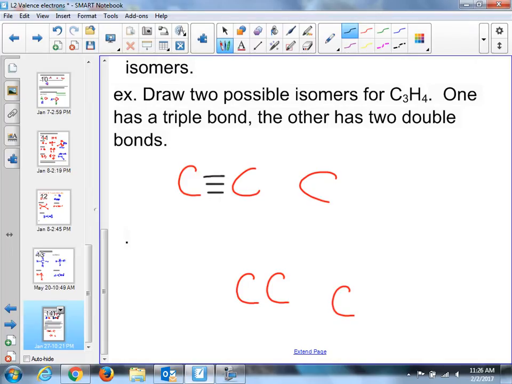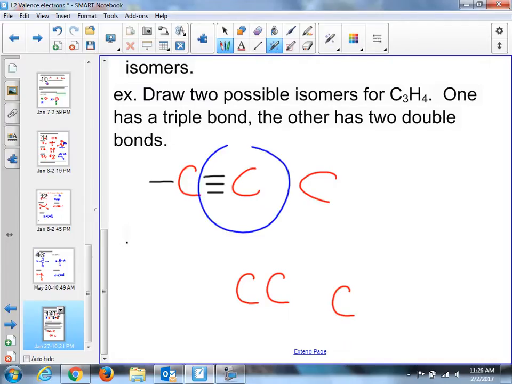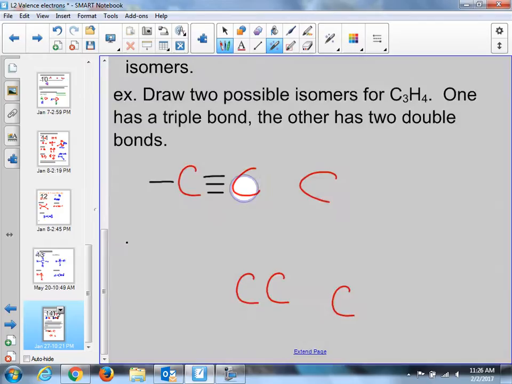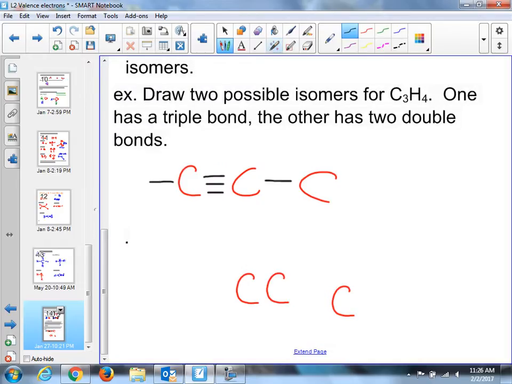I said one way to try it is have triple bonds somewhere. Now, this end carbon, how many bonds does it have left over? If it's already used up 3, it has a 4th one. That's it, right? This middle carbon, because remember, you can only have 8 electrons surrounding, and each carbon has 4 bonds, right? So this middle guy only needs 1 more bond. So I'd say it's probably going there. This end carbon here has 1, it needs 3 more for the other singles.